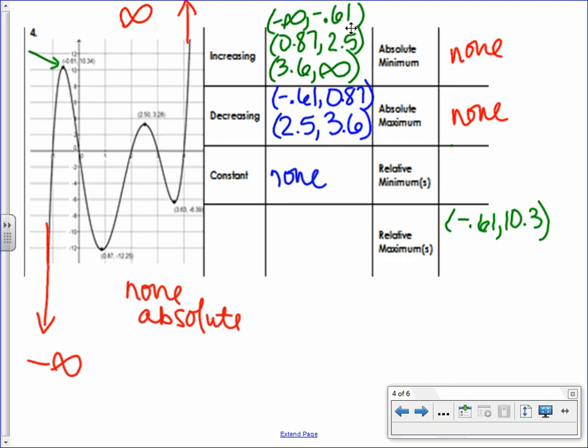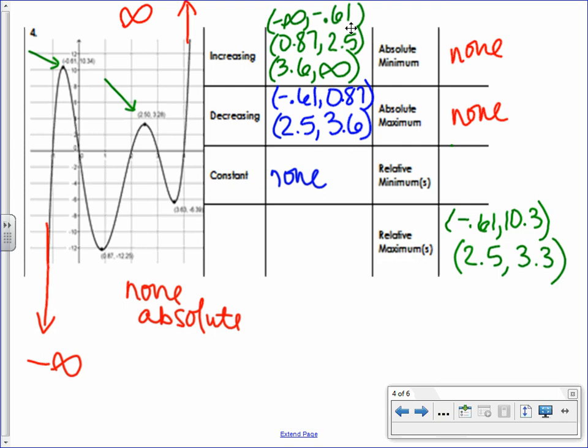Then I look at my other one. I got another relative max, and that point is at about 2.5 and at about 3.3. Sorry, had to double check for a second.